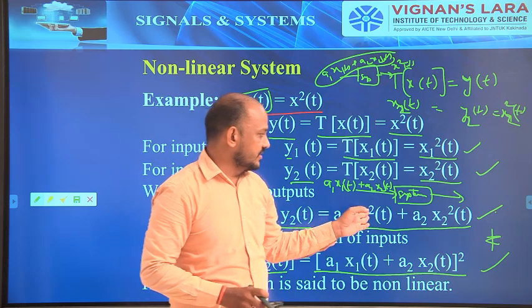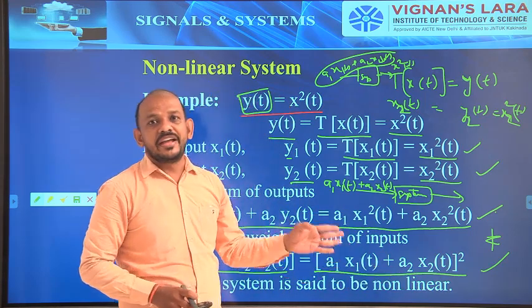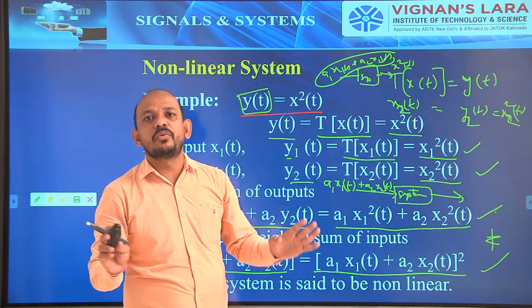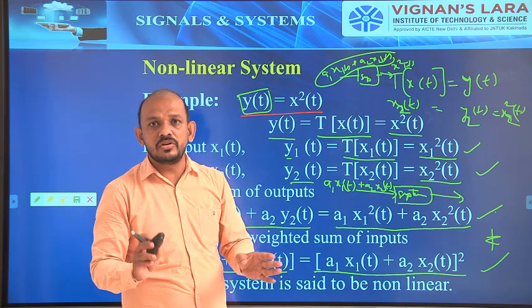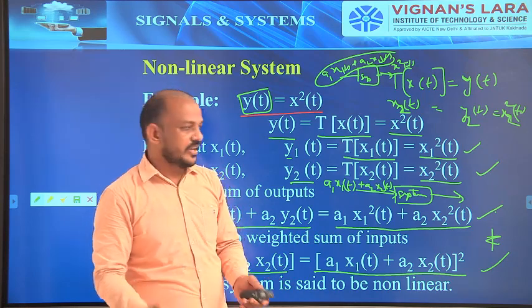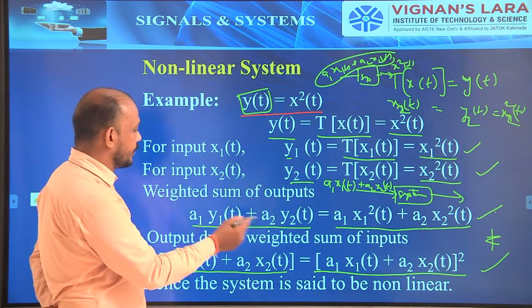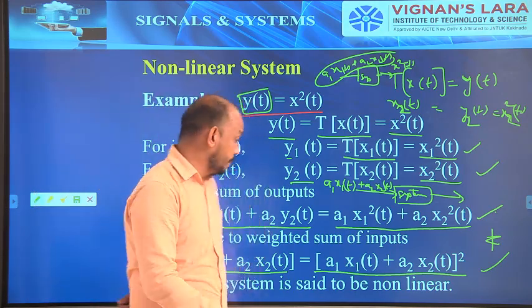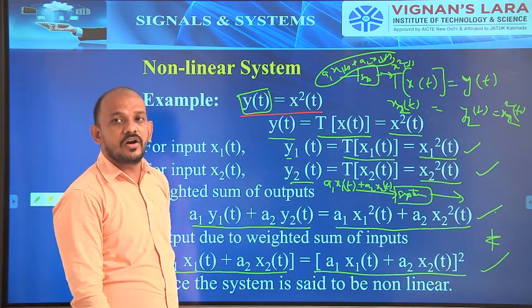Let's take this as a square plus b square, and this as a plus b whole square. So a square plus b square is not equal to a plus b whole square. So the weighted sum of outputs is not equal to the output due to the weighted sum of inputs.